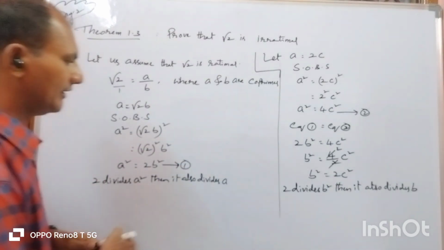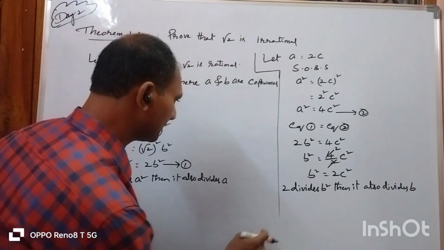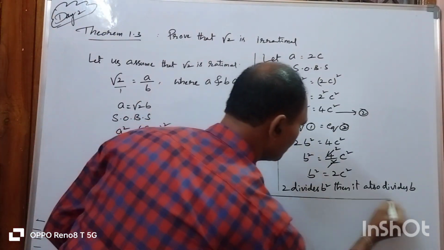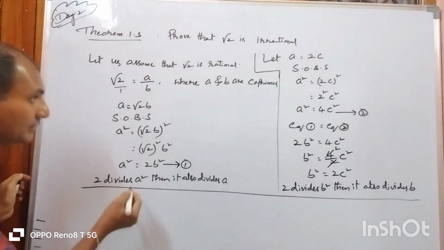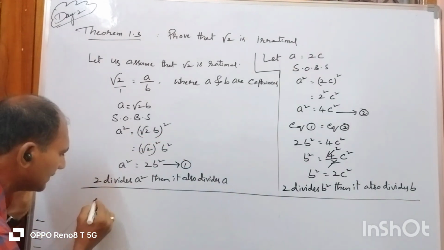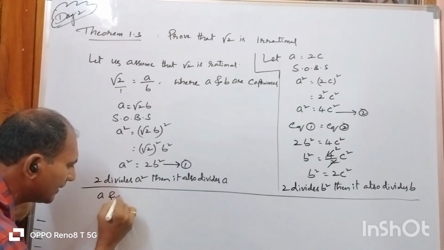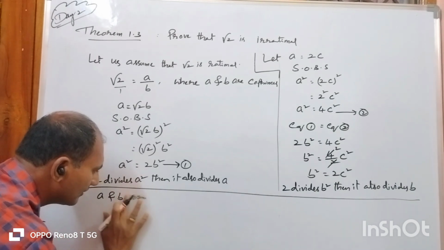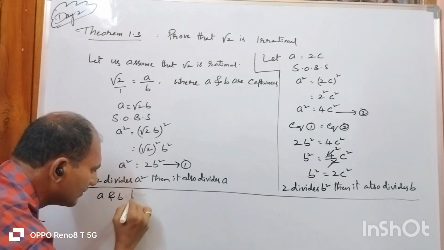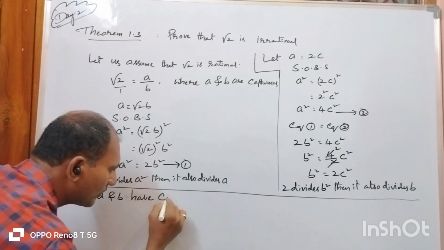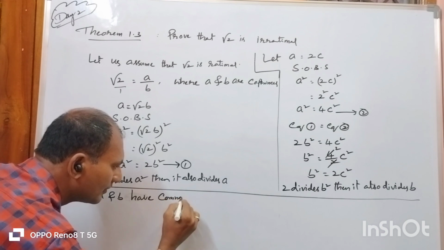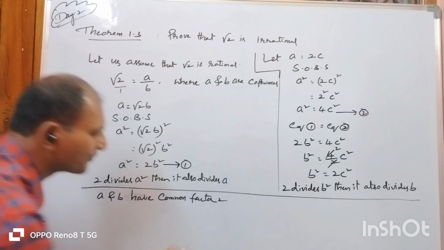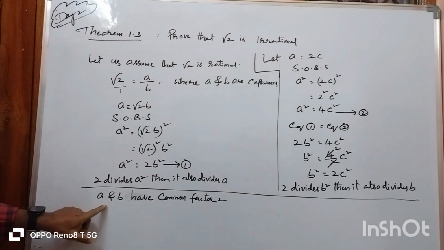So I will write finally here: a and b have a common factor 2. Common factor 2 is there for a and b.